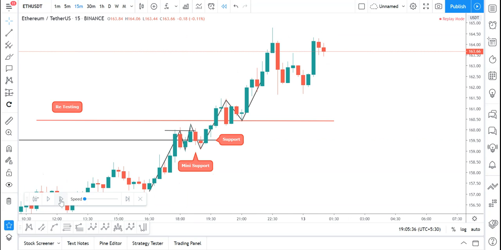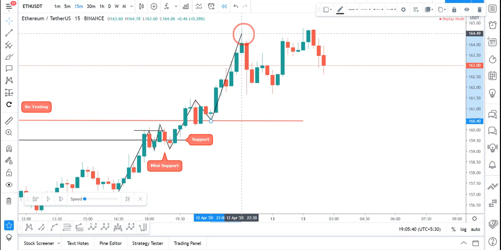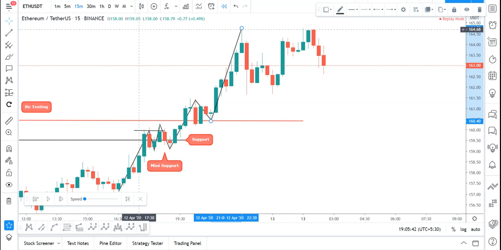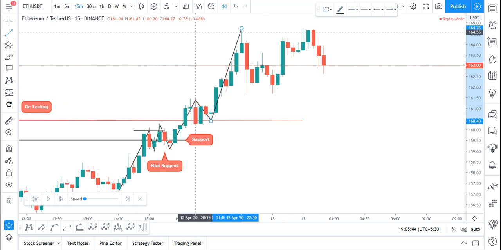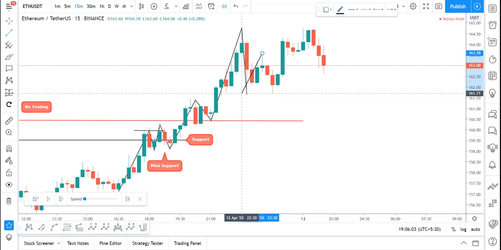See, it made more swing highs and swing lows, but this is messy, so I'm not moving much there. This has become a sort of sideways trend. The low of this candle is 161.65. The low of this candle is 161.69. So this is still a higher low than this candle, meaning the low of this candle is higher than that candle. So the uptrend is still valid.